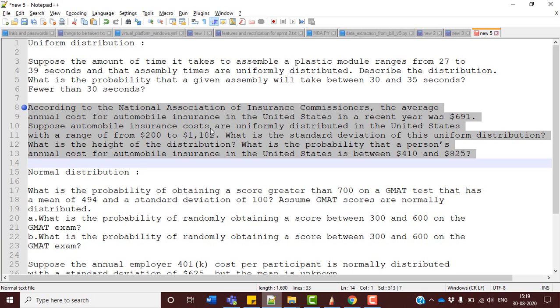So what is the standard deviation of this uniform distribution? What is the height of the distribution? What is the probability of a person's annual cost of automobile insurance being between 410 and 825? Okay, pretty straightforward question, right?